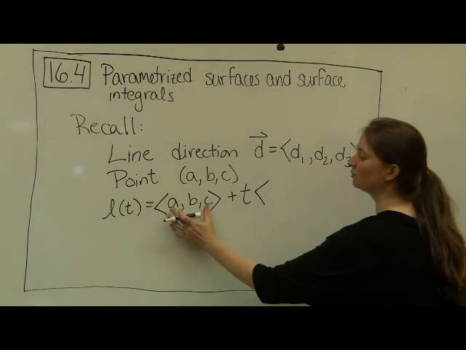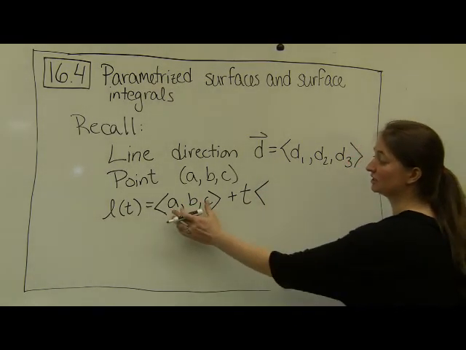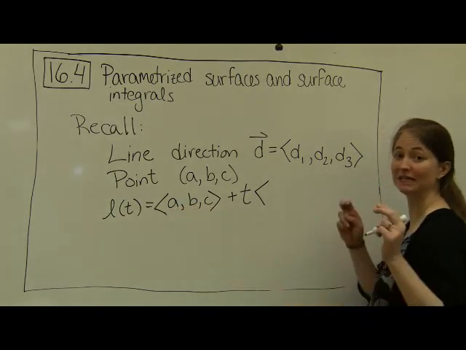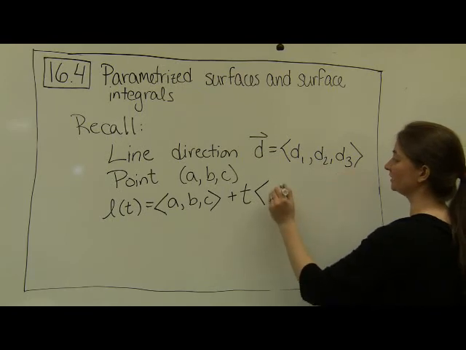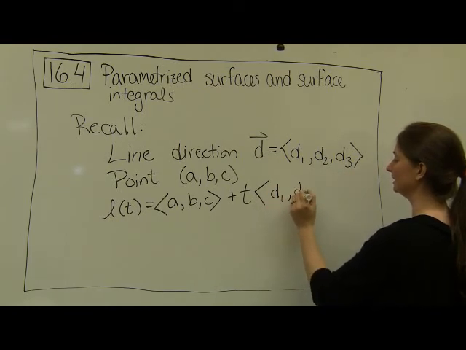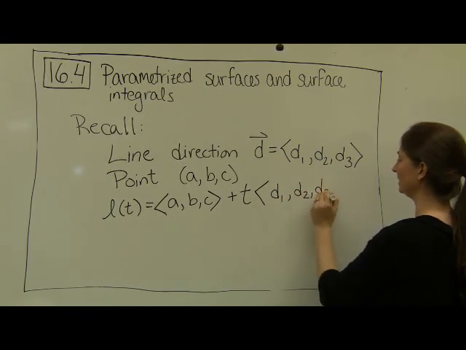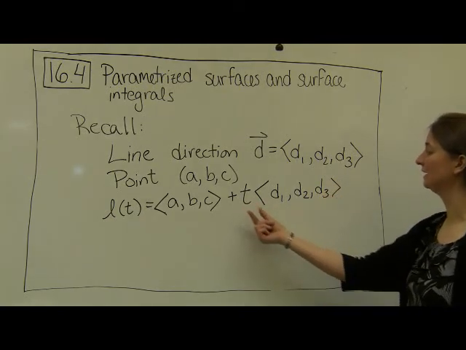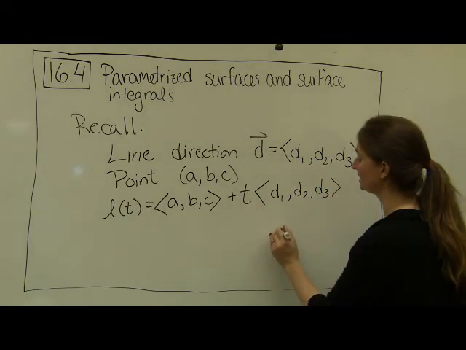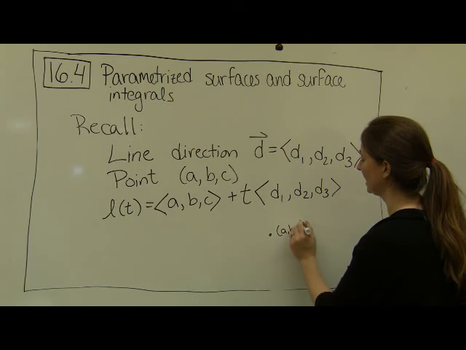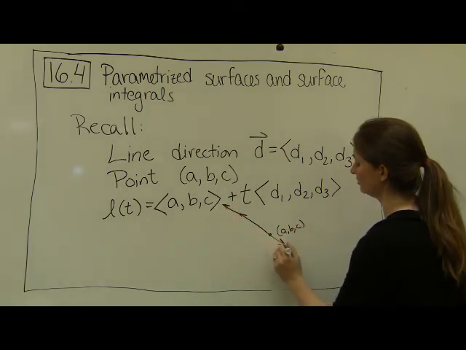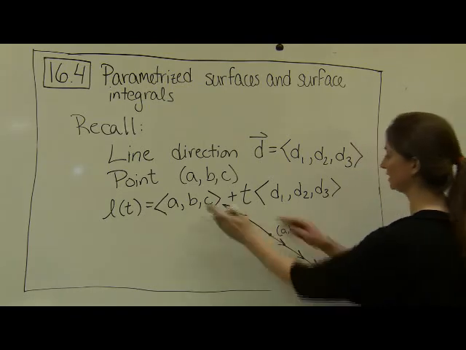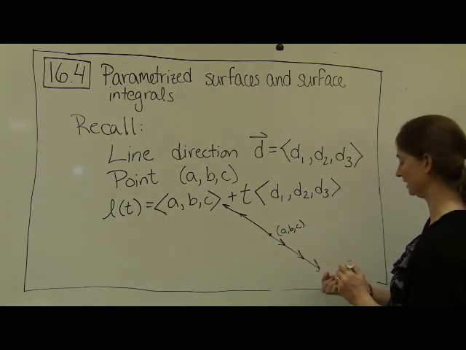So we have our point ABC, our initial position, essentially. We could think of it sort of as our t-intercept when t equals 0. And then our direction vector, d1, d2, d3, multiplied by t. Because that means that we start at our point ABC, and we can stretch and shrink our t vector out in whatever direction we want to be able to trace out the line in this direction d.